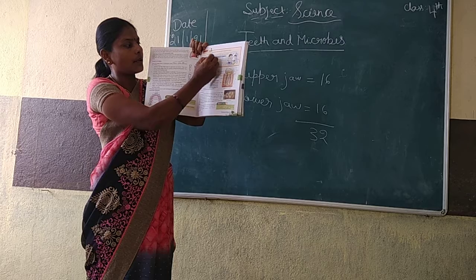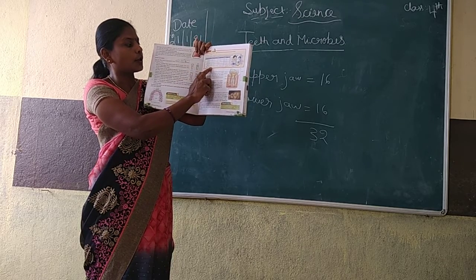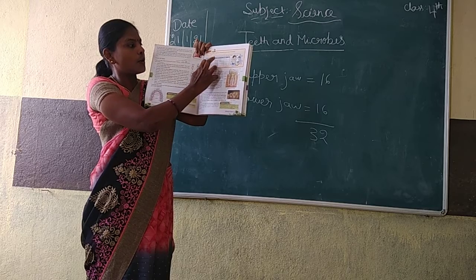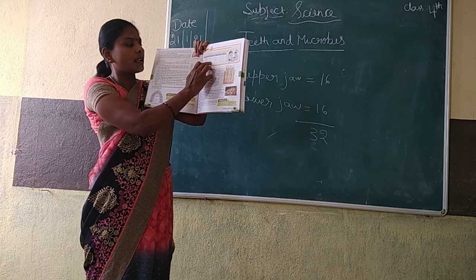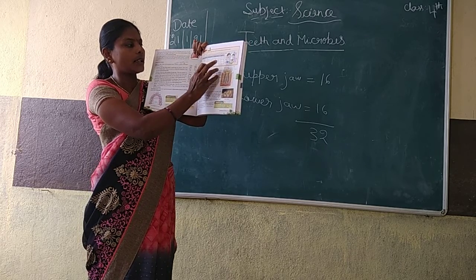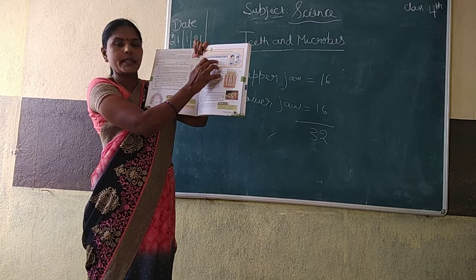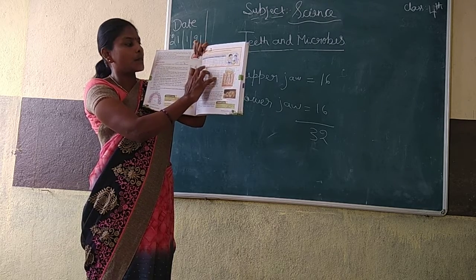How much will come like this vertically? The count totals 16: 4, 2, 6, 4, and so on.